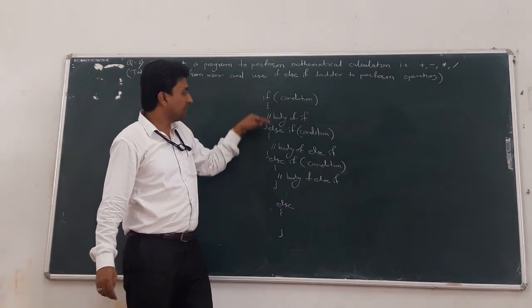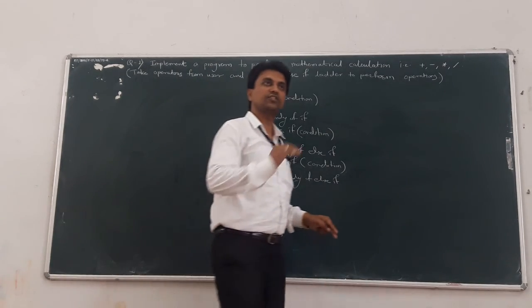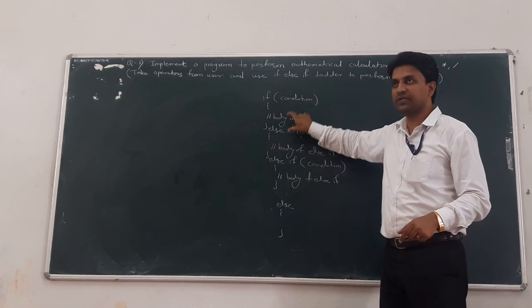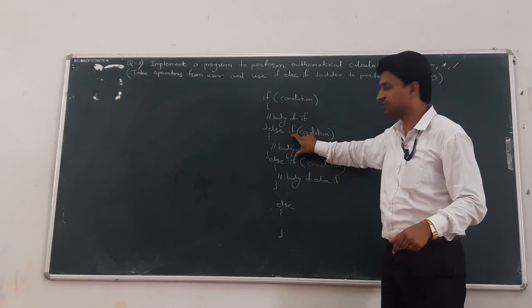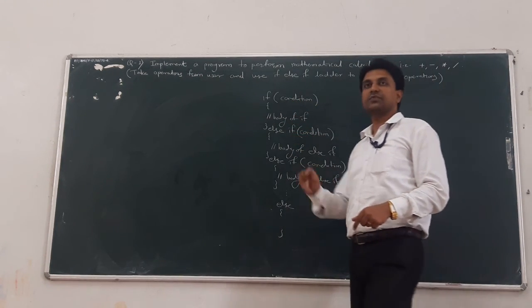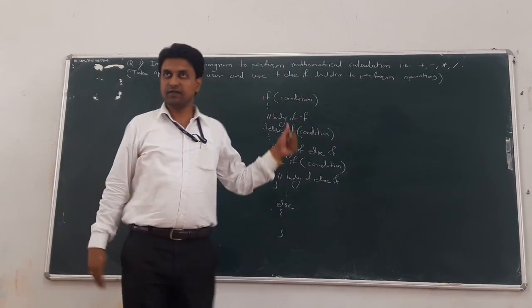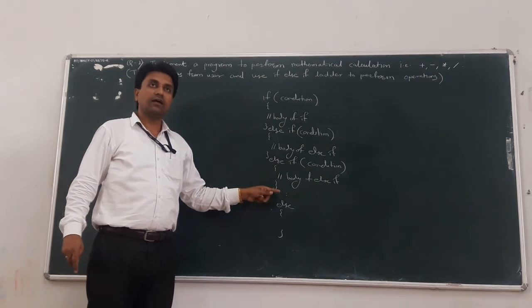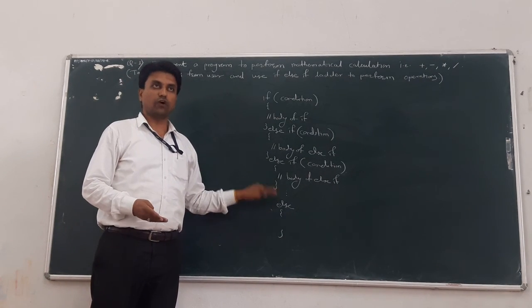It is called an if else if ladder. Each and every condition is one step in that ladder. This is one step, this is one step. Step means the rungs of a ladder. Clear? So these are the different steps. You can add as many steps as you want.